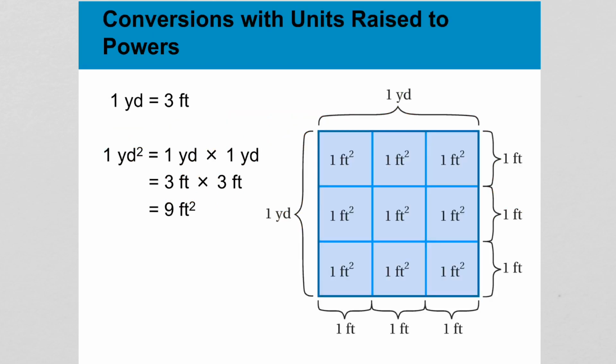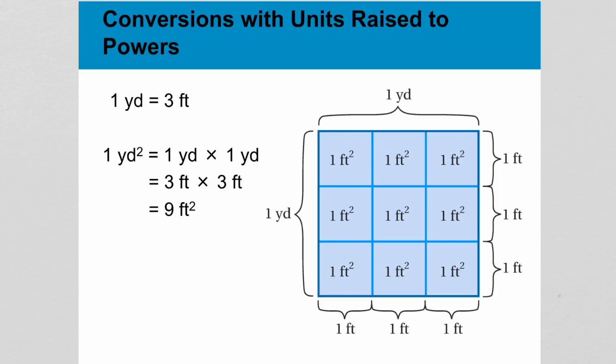What if you've got to perform a conversion with raised powers? Well, 1 yard squared, we know that 1 yard is equal to 3 feet. But 1 yard squared is not equal to 3 feet squared.